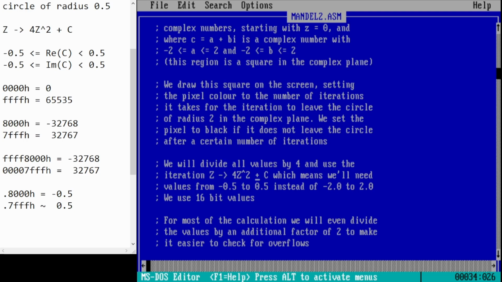Now, it turns out there's a processor feature that's going to help us here. Whenever you do an arithmetic operation with signed values, if the result is outside the allowed range for a 2's complement value in that register, the overflow flag gets set. And so we can actually detect this and use a jump if overflow instruction, JO, to jump off to handle that case.